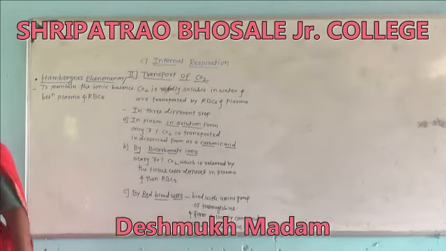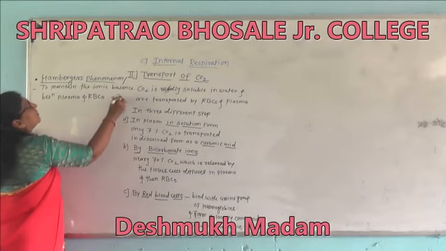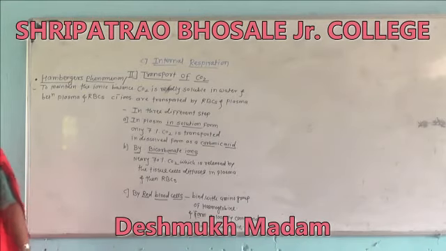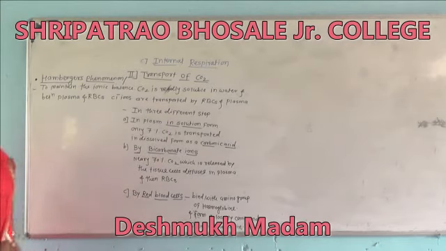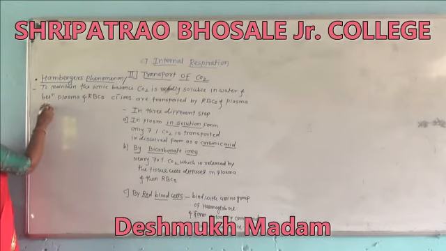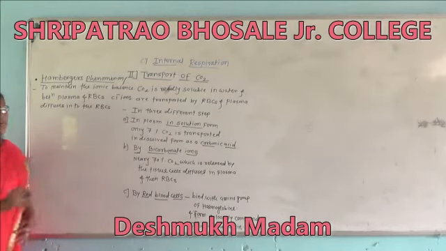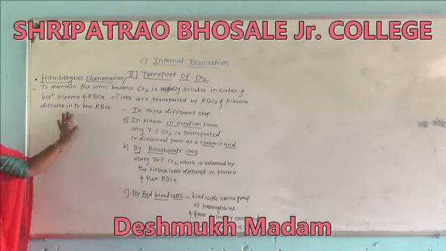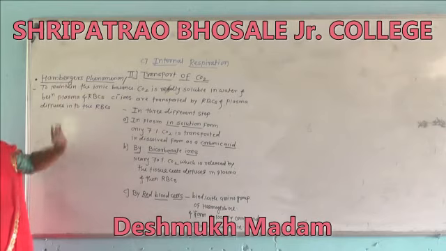chloride ions diffuse into the RBCs. This movement of chloride ions into the RBCs is called the chloride shift, or Hamburger's phenomenon.